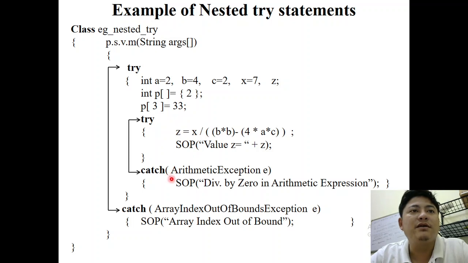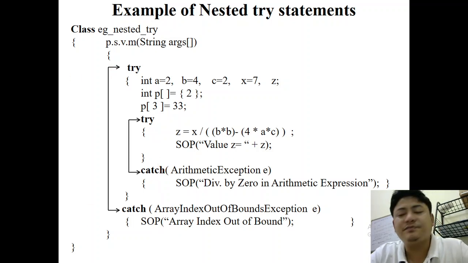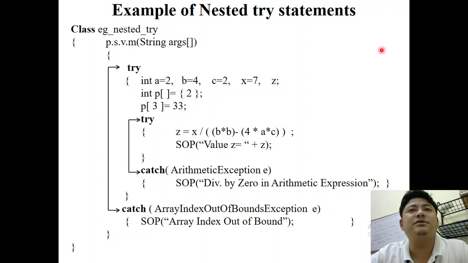If there is any error, it will be caught over here. So accordingly there is a pairwise try and catch. That is also possible if you want to use it, and it's totally based on your requirement and need. So that is the nested try statement.